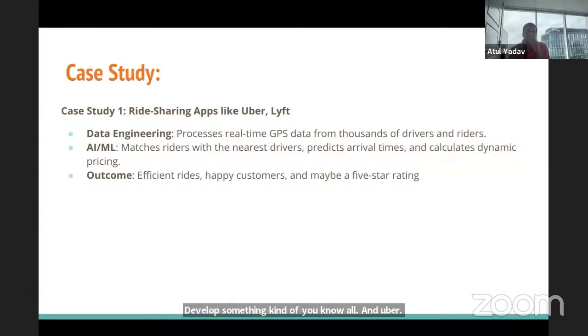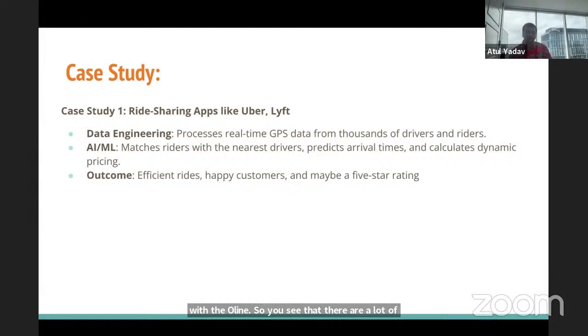These friends found themselves frustrated with the city's congested traffic and the unreliable transportation. With Ola and Uber also, you see that there are a lot of issues. So they think, fine, let's build our own something.